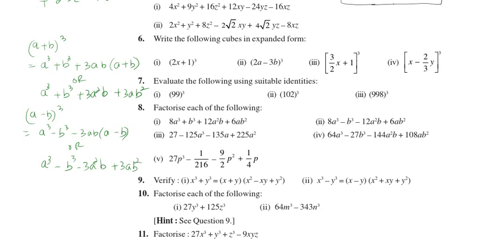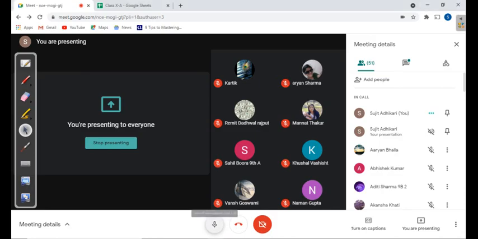So these are the two identities we remember. Okay, so now we'll expand these and let us see. I'll do some questions for you.